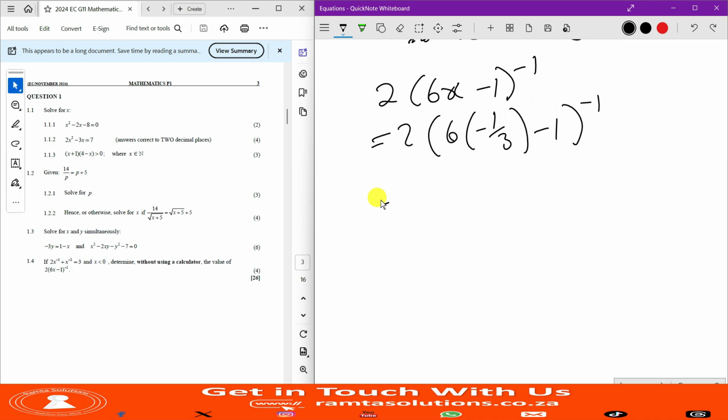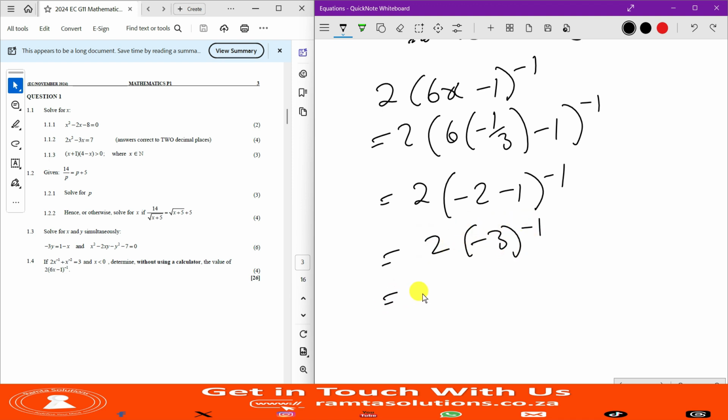They said without the use of a calculator. So 6 times negative 1 over 3 is the same as negative 2. So this is minus 2 minus 1. Right? So this is 2 times minus 3 to the power negative 1. Therefore, our answer is minus 2 over 3. And this is how you answer these questions.